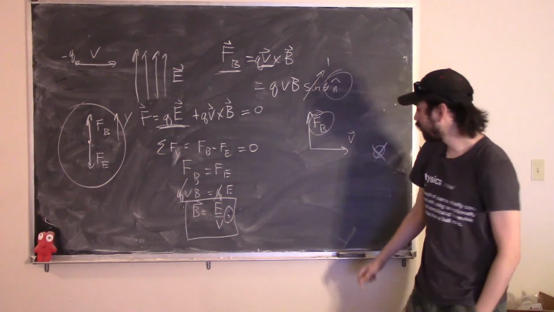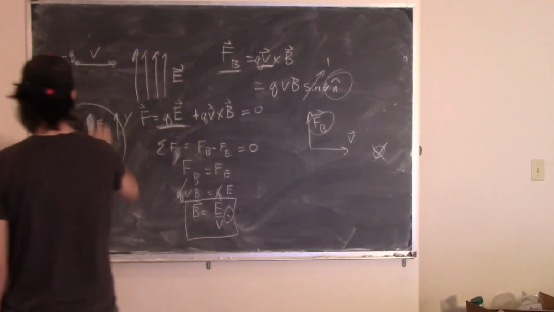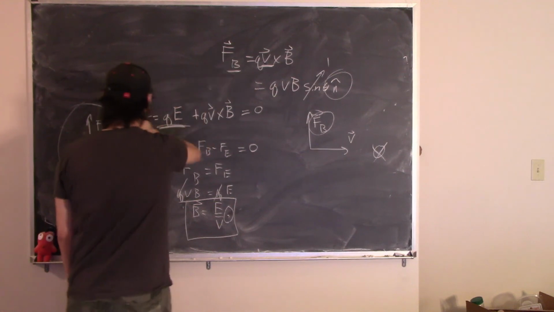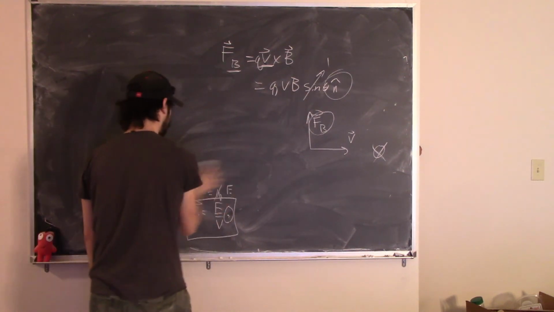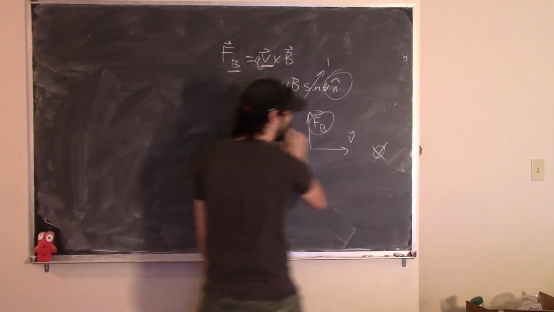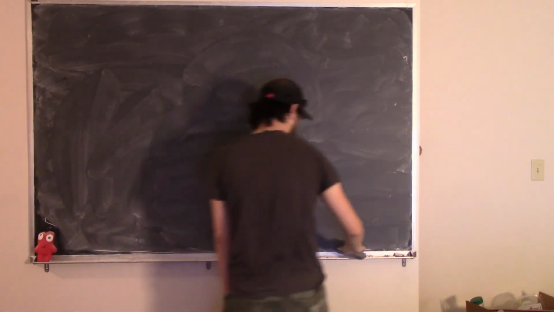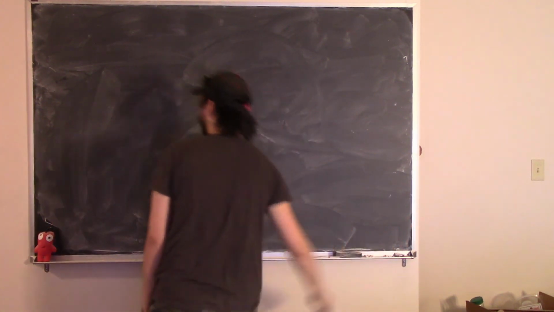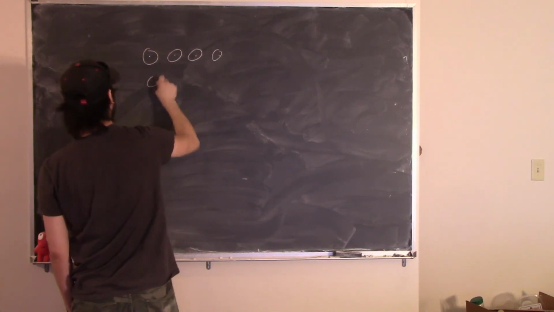Okay, so the next question follows in the same spirit as this one. And so in this case, I have some magnetic field that's going to be pointing out of the board. So I have a magnetic field represented like this.